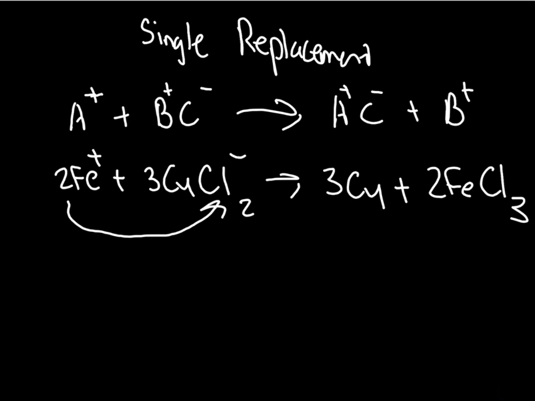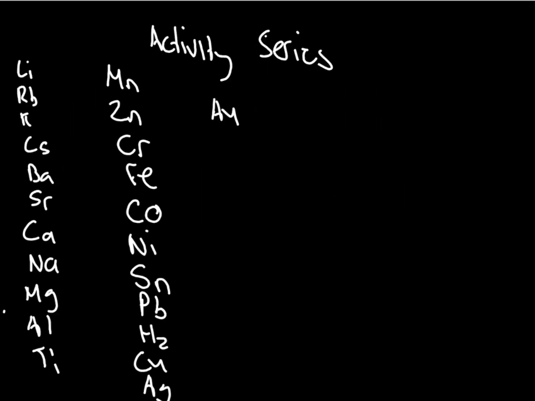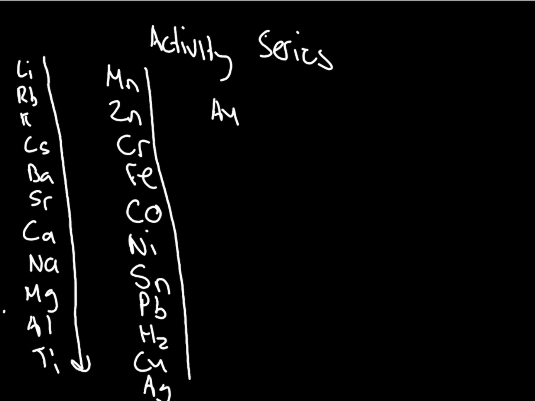Now, there's a really important thing to know about these types of reactions. This is called the activity series, okay? And there's more to this, but basically, I'm going to draw 2 arrows here, okay? Elements that go from here, they have the highest activity level.